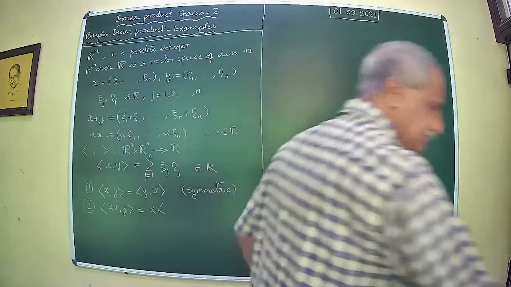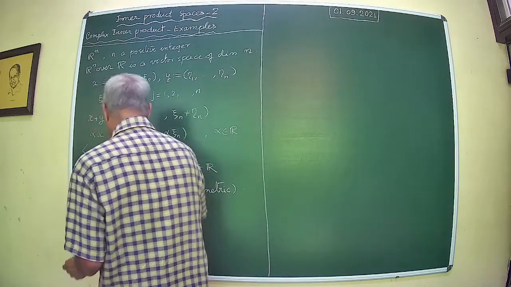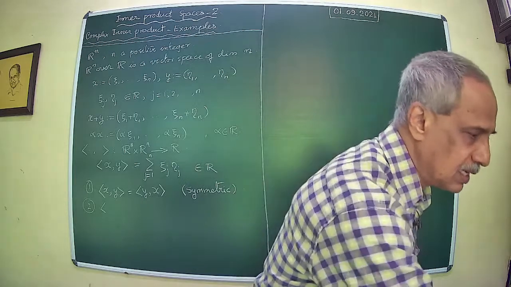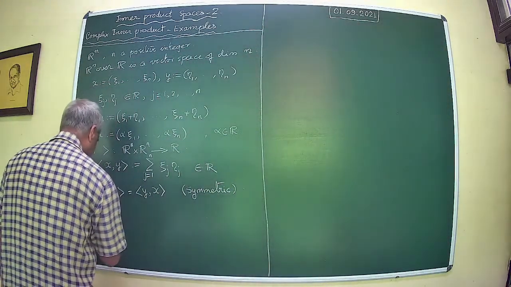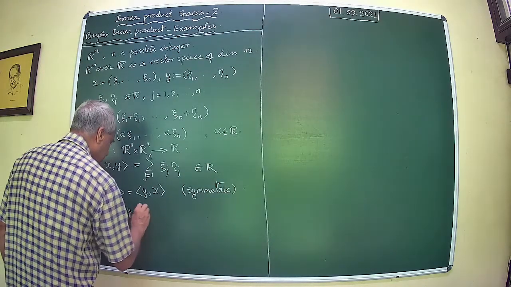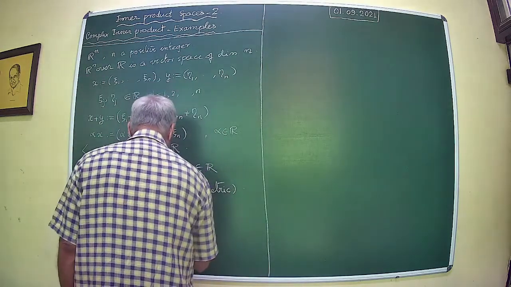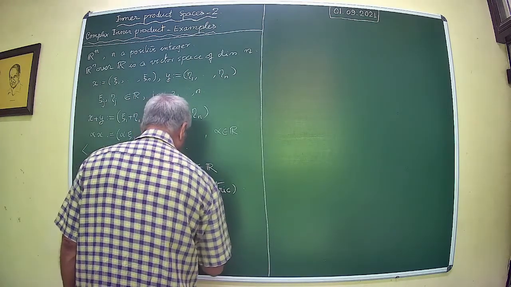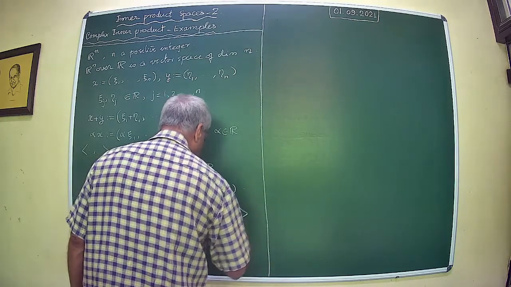So what I want to do is this. Alpha x, beta y, set.